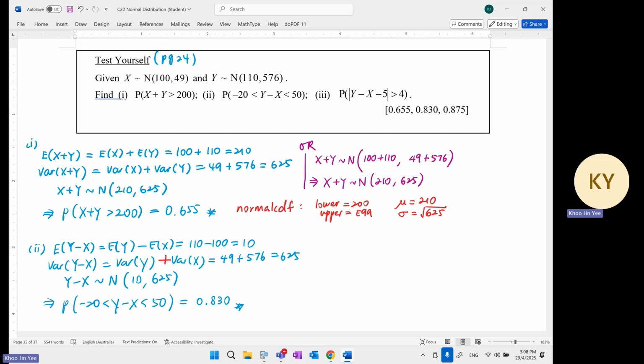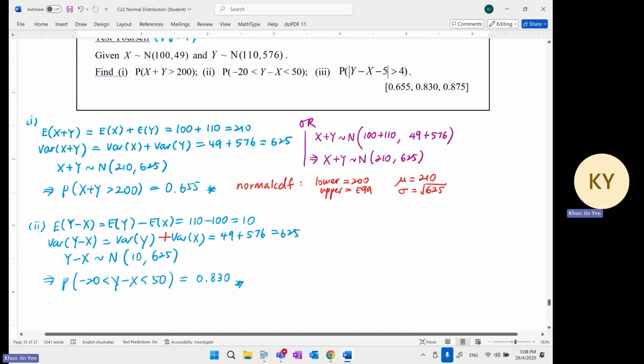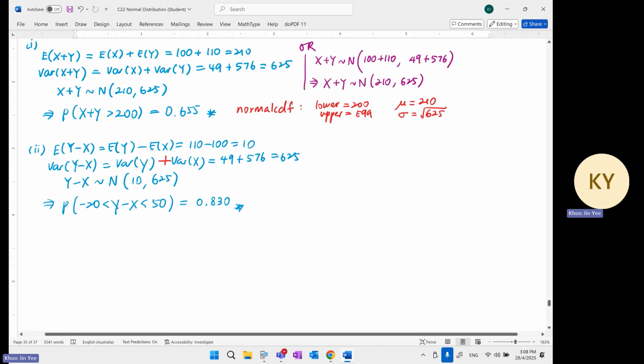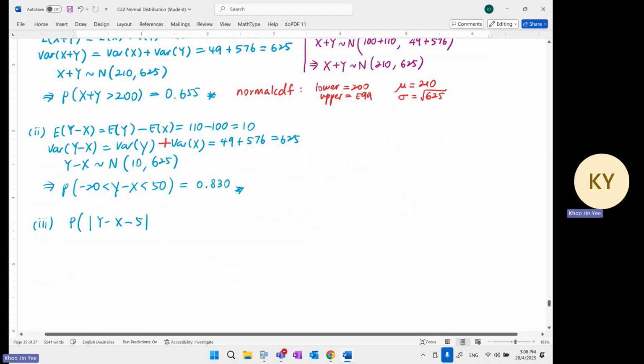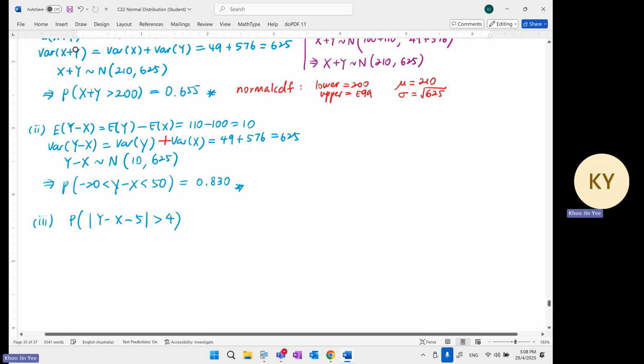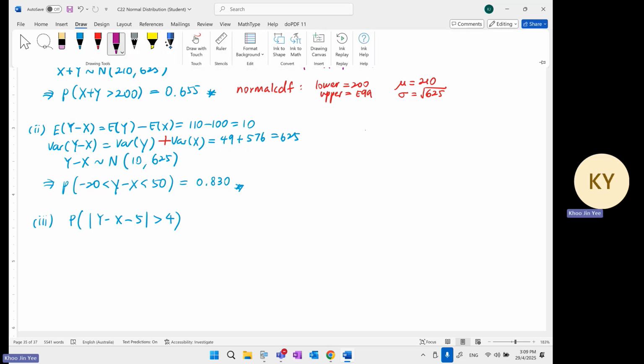Okay, now last one for this section, Y minus x. So part 3: probability of modulus y minus x minus 5 modulus greater than 4. Now what we need to do is open up this modulus sign, right? So recap for your modulus function.